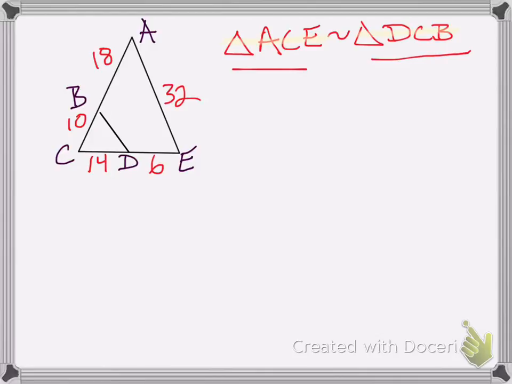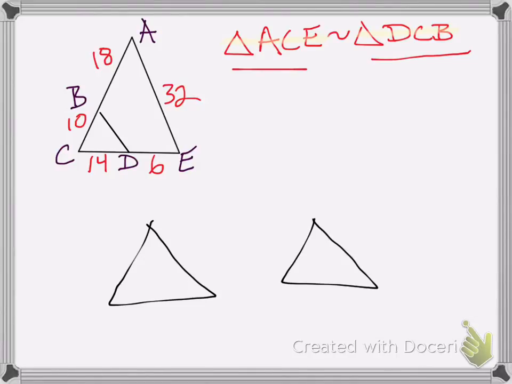So let me change colors real quick, and let's redraw some stuff. So here's two triangles. Nothing special, just two triangles. And now I'm going to label them according to what I was told in my given information up here.